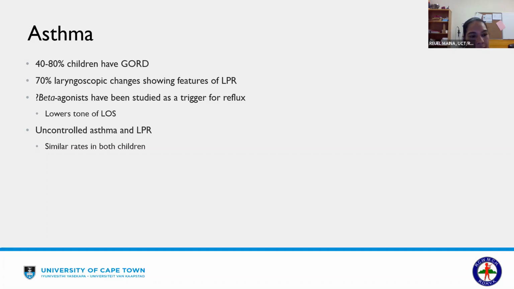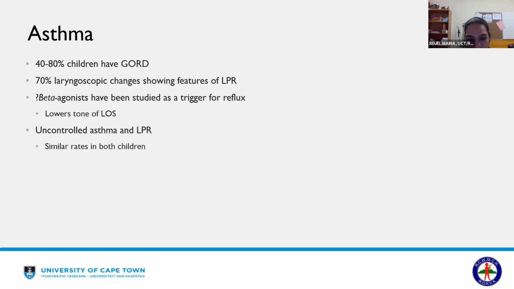The theory here is that patients who use chronic MDIs, such as beta agonists, have been shown to have a lower tone of their lower esophageal sphincter, and this, as we know, can trigger reflux. Also, patients who have uncontrolled asthma have a higher risk of developing LPR, and once again the thought is that there's an increased use of their beta agonists.